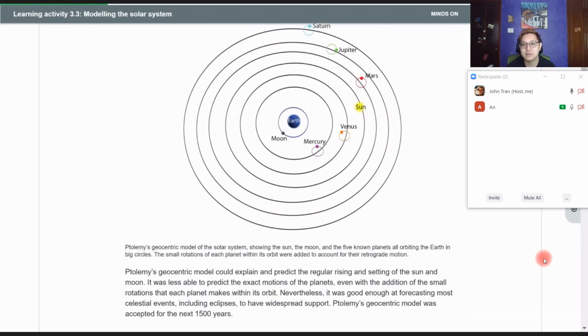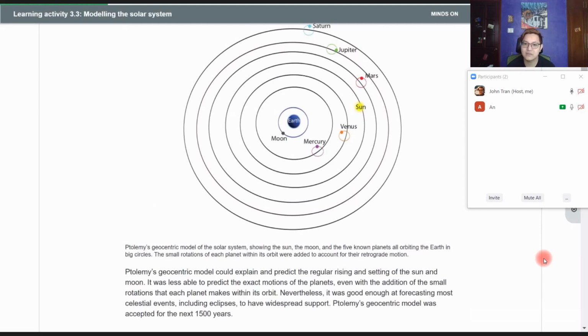A lot of people back then don't like changes or new things. When they heard that new model, they thought it was some kind of witchery, a demon idea or something like that. So they didn't like Copernicus at all.